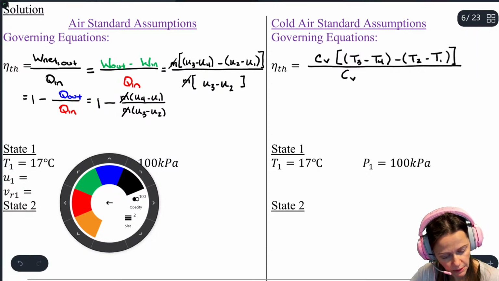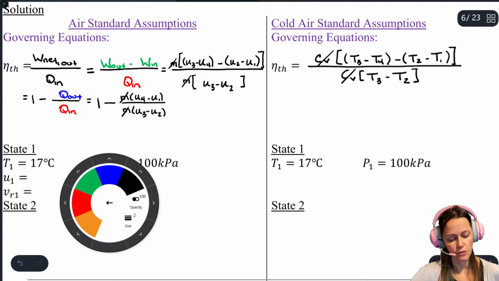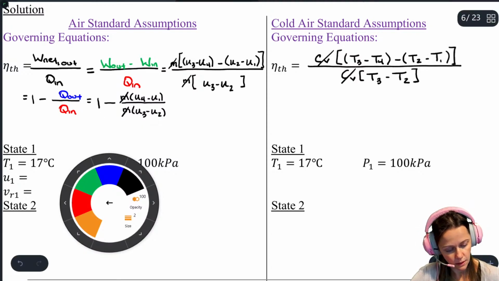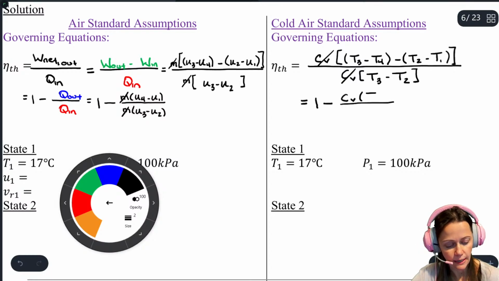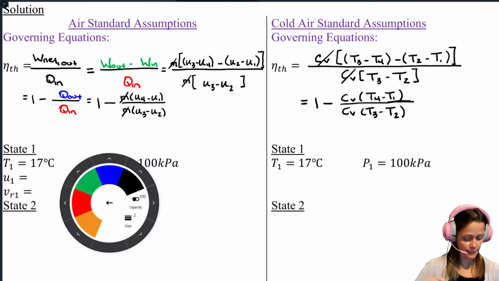On the bottom, this becomes CV times T3 minus T2. And of course, these CVs just cancel out. Or, if I wanted to use this one, this would become 1 minus CV times T4 minus T1 over CV times T3 minus T2. Okay, perfect.